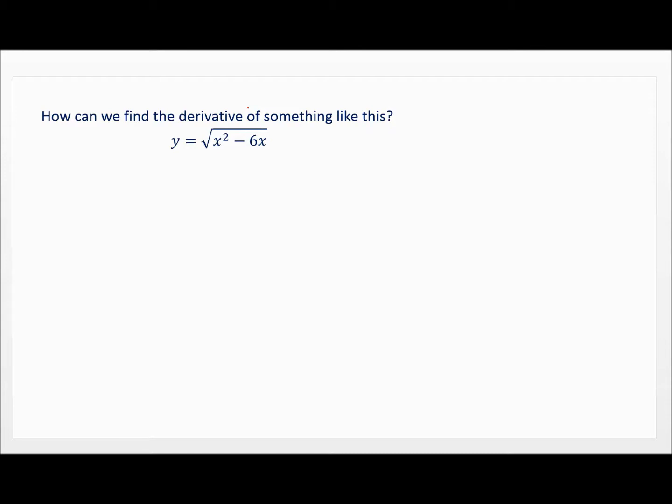Remember what we did with square roots? Like if you just have, for example, y is equal to the square root of x, what we did is we rewrite, and there's so many functions that you have to rewrite before you take the derivative, but this is one of them. And then we use the power rule.